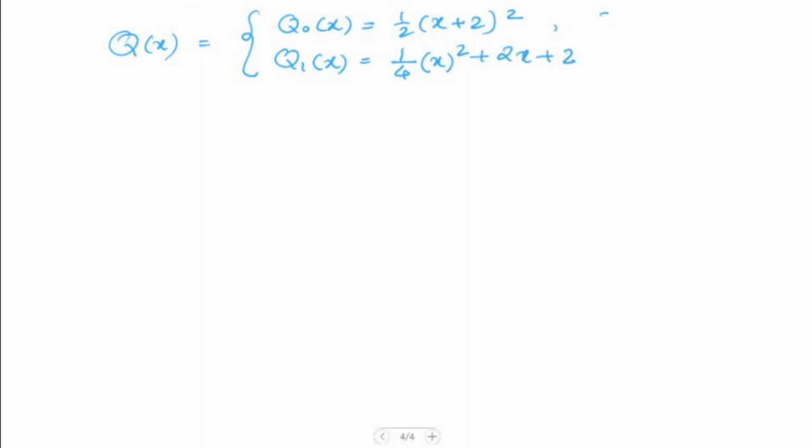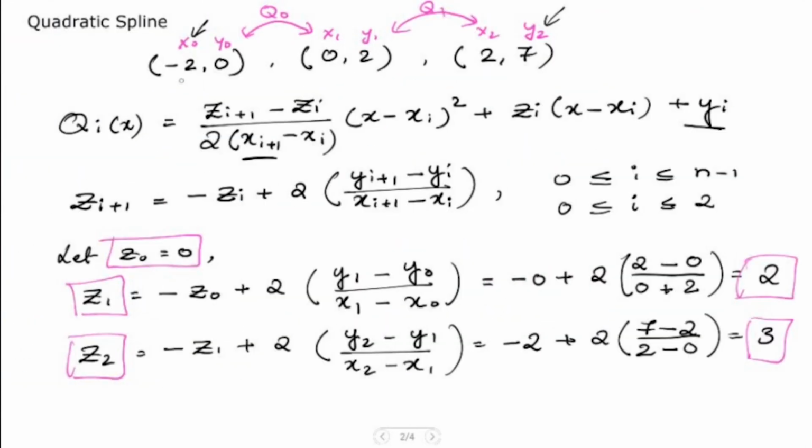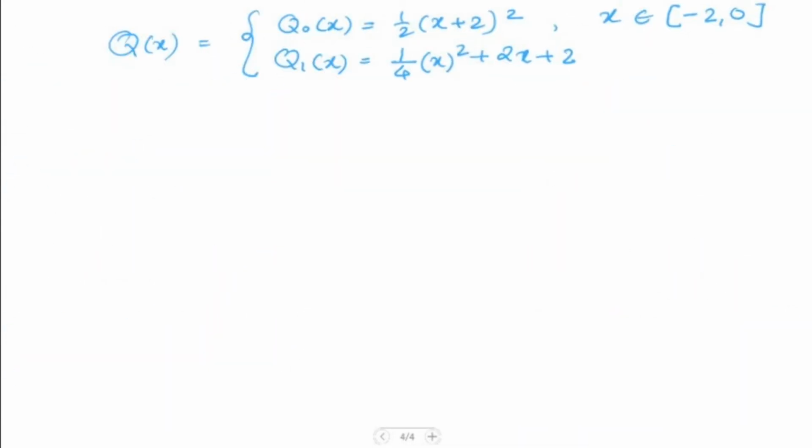Here x is between the values of -2 to 0, that is from x0 to x1, and then from 0 to 2. So we'll write it as -2 to 0 for the first spline, and in the second spline, the values of x are between 0 to 2.